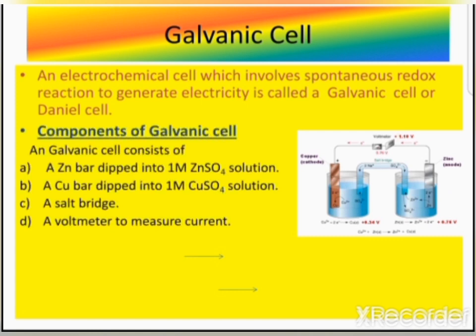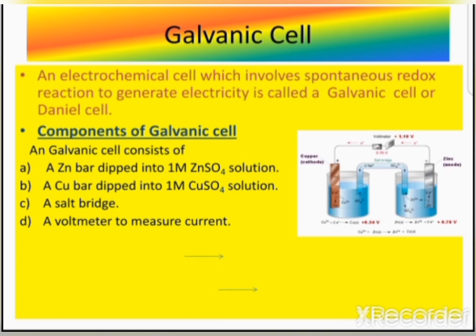Components of a galvanic cell: a galvanic cell consists of a zinc bar dipped into 1 molar zinc sulfate solution, a copper bar dipped into 1 molar copper sulfate solution, a salt bridge, and a voltmeter to measure current. Each compartment of the cell is called a half cell. Thus, a Daniell cell consists of 2 half cells joined in series.